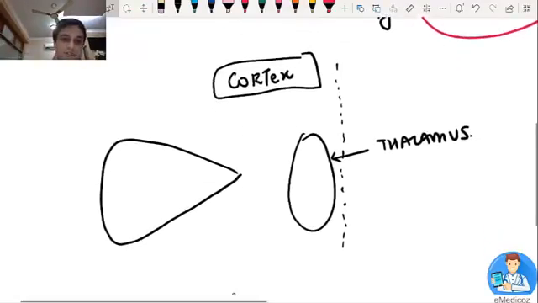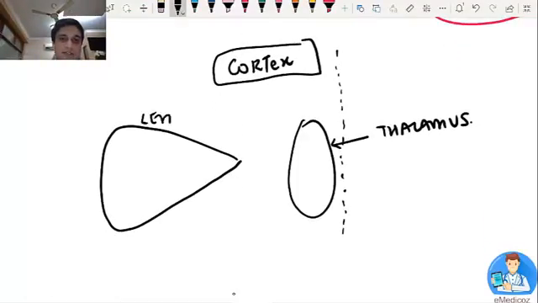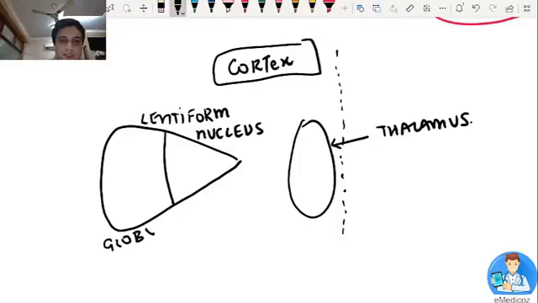Now this nucleus has got a name, the lentiform nucleus. Remember this, the lentiform nucleus is made up of two structures.